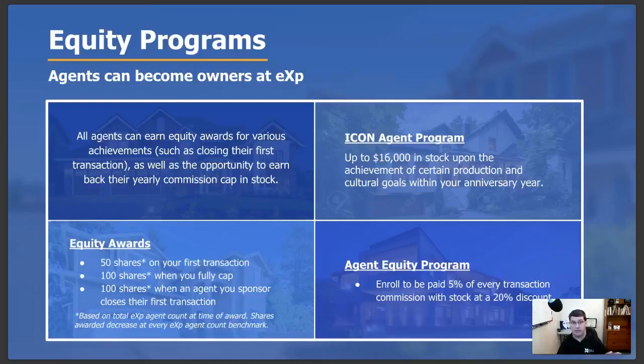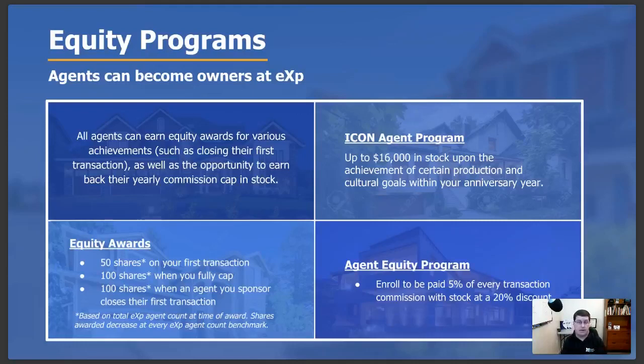You don't have to. You can just take all of your money home, and you don't have to participate in a stock purchase and get a discount. You don't have to do that. You don't have to participate in the Icon Agent program either. That's another really good program, but it's completely optional.